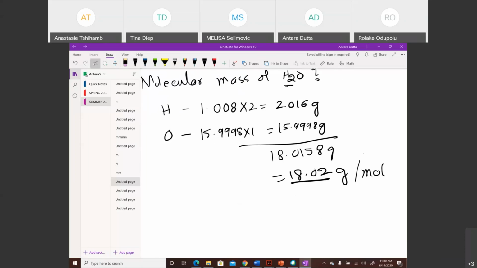So we know that for hydrogen, it is 1.008. For oxygen, it is 15.9998 because each element weighs differently. And when they are combined in a compound, you just calculate like this. Look at their formula, multiply by their subscript, take the sum. You should be able to get the mass of 1 mole of that compound. That we call molar mass.